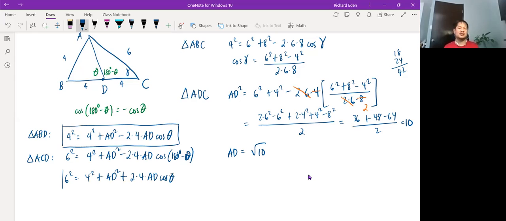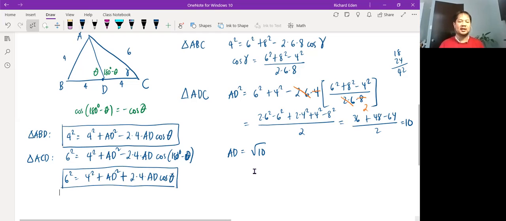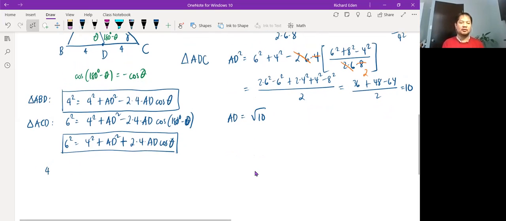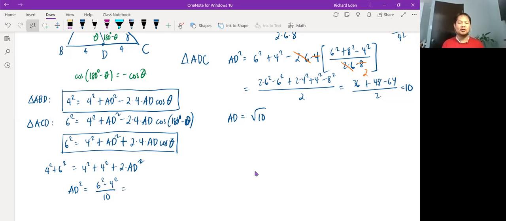And having those opposing signs, plus or minus, allows us to have 4 squared plus 6 squared equals 4 squared plus 4 squared plus double AD squared.